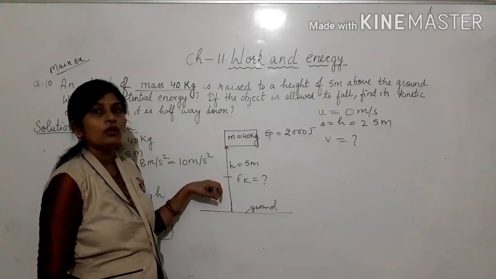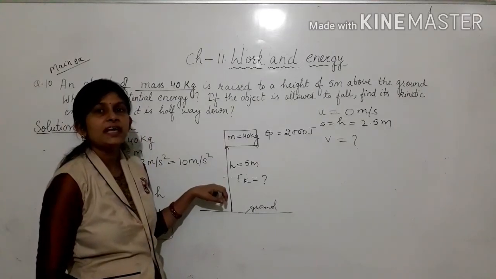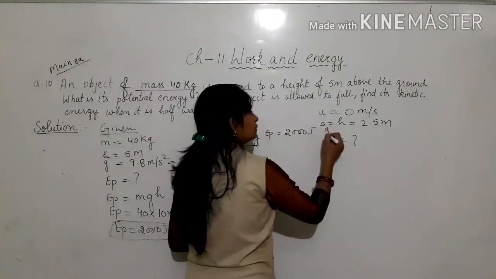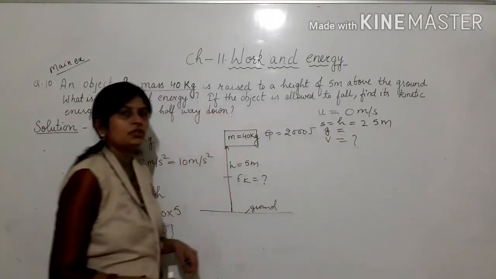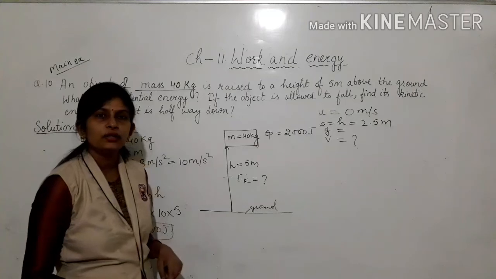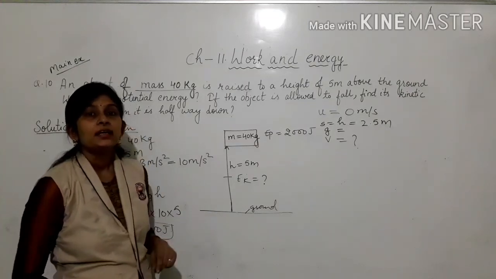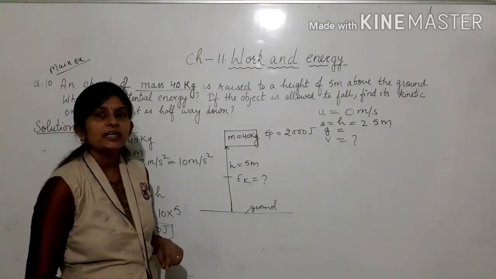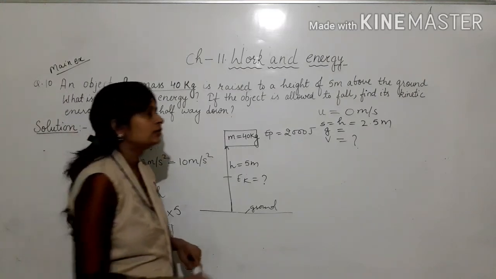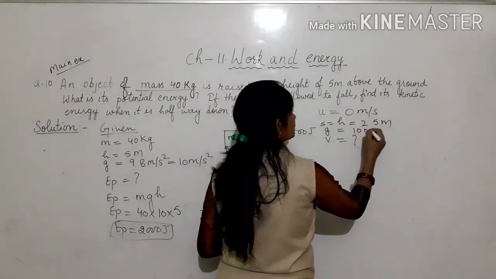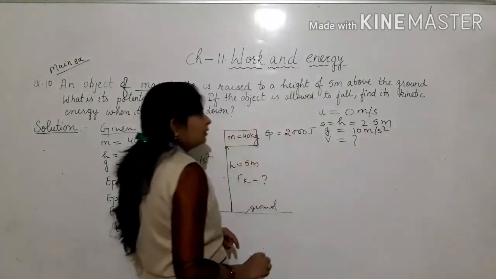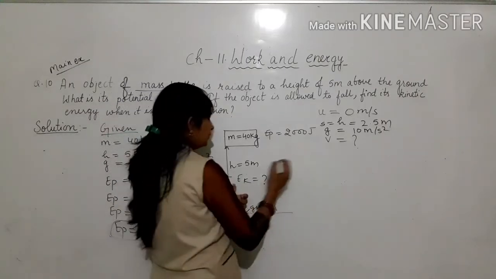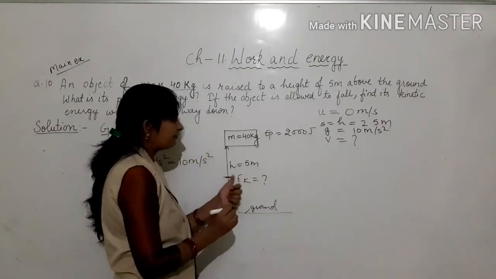During this free fall, the object experiences an acceleration due to gravity, denoted with small g, that is 9.8 meter per second square, but we take its rounded off value, that is 10 meter per second square. Now we have to find kinetic energy at halfway down.